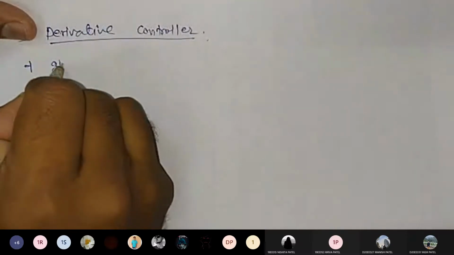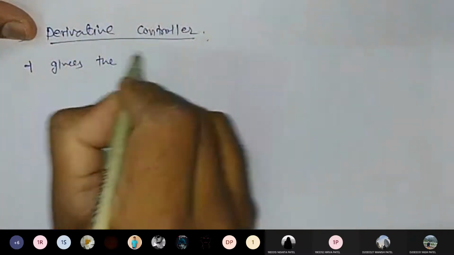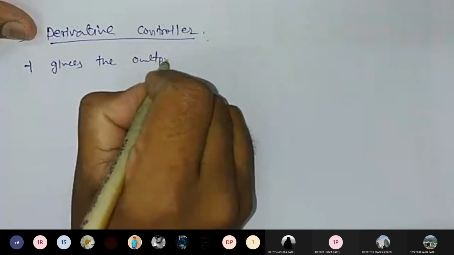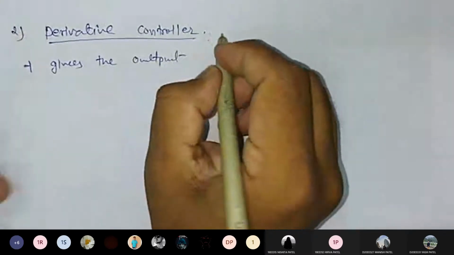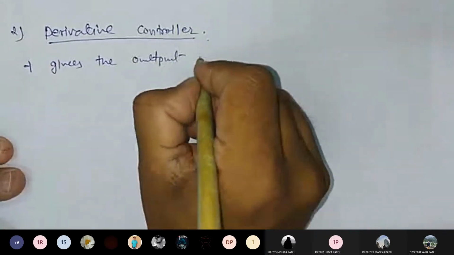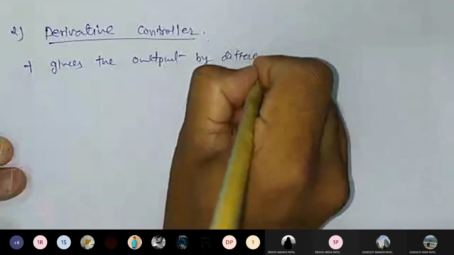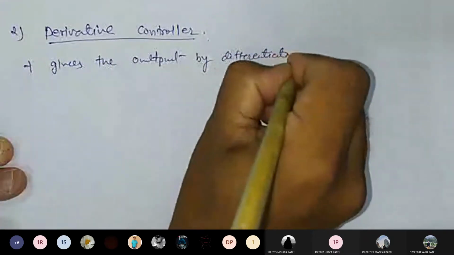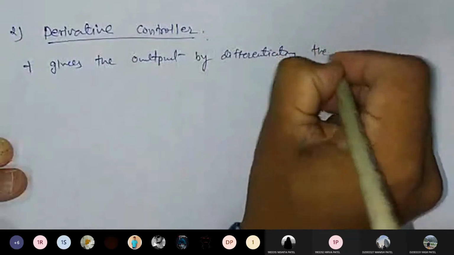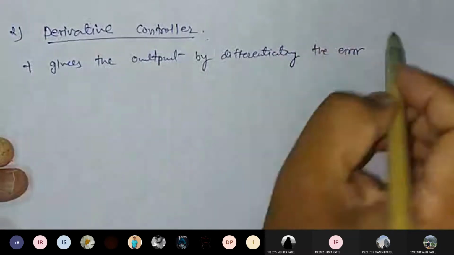It gives the output by differentiating the error generated.